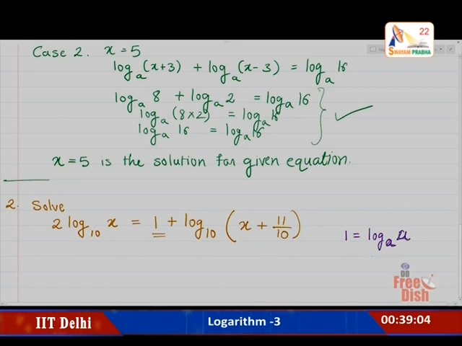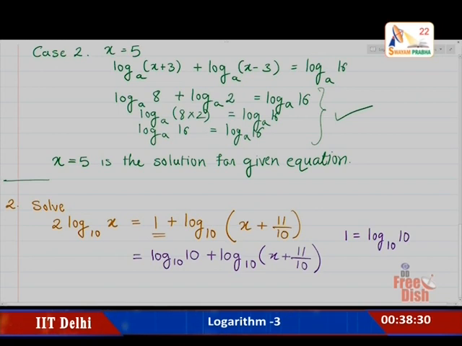So log to the base 10 of 10 will be 1. If you agree to that, then I can rewrite the right hand side as log to the base 10 of 10 plus the remaining term, x plus 11 by 10.